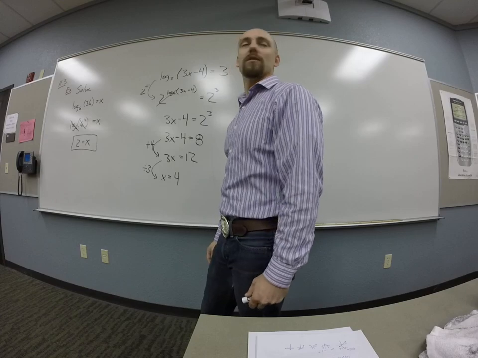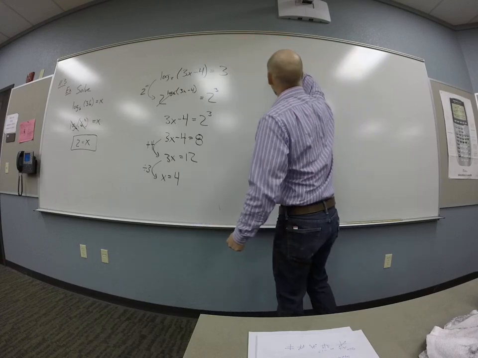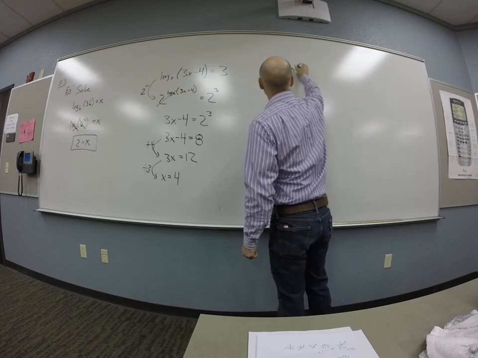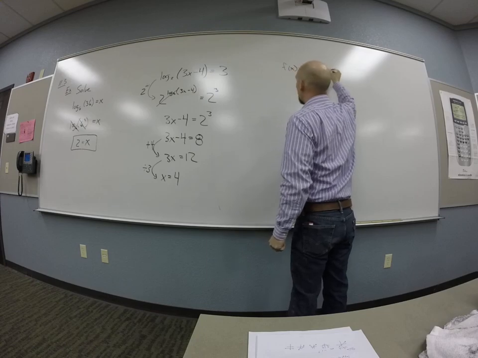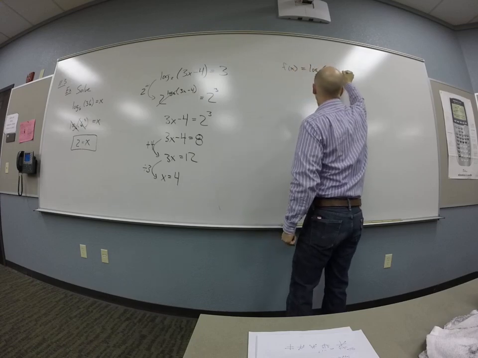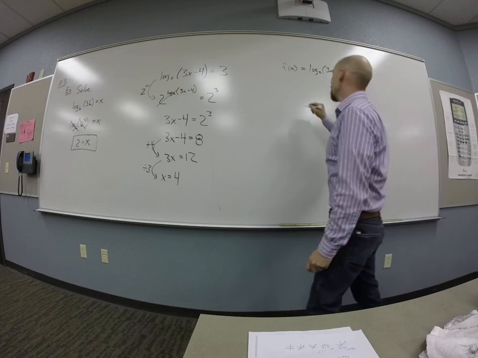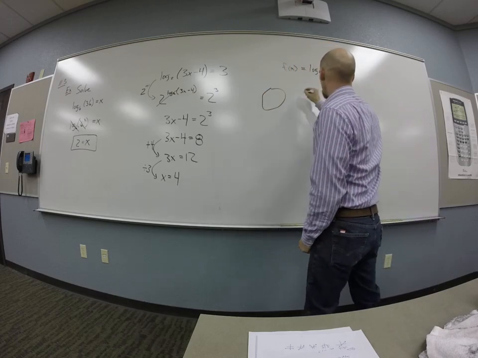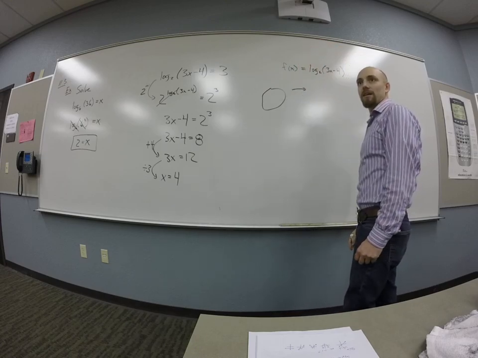Cool? So, you guys want to see the cool thing? If we had a function of x, that's this thing, log base 2 of 3x minus 4. If I think about function blobs, what's the first thing I do to an x when I stick it in there?